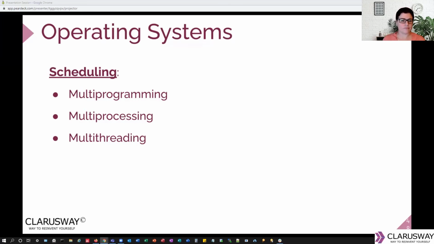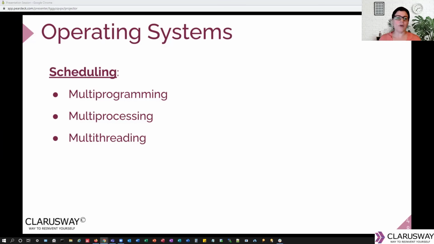Multiprocessing is executing multiple processes at the same time on multiple processors. So multi-programming, one processor, multi-processing, multiple processors, and then there's multi-threading. Multi-threading is the process of running multiple threads to execute concurrently, supported by the operating system.